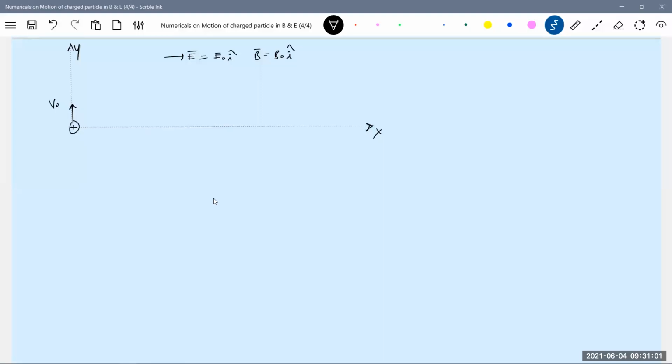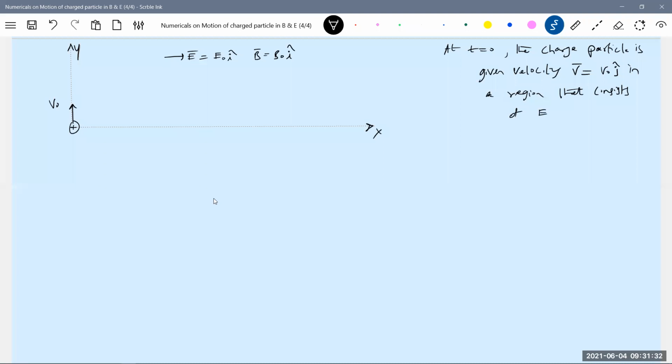From the origin. So what is the question? At t equal to 0, the charged particle is given velocity v bar equal to v naught j cap in a region that consists of E bar and B bar as shown.